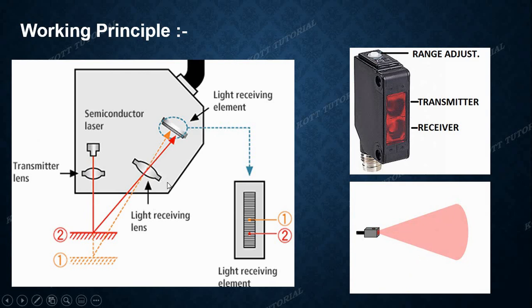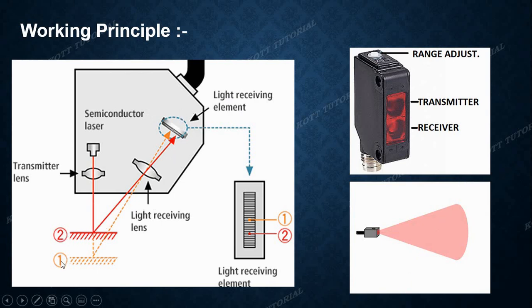This receiver end has a lens, which again targets the light onto a light receiving element. The light receiving element is the final element which detects the presence or the absence of the product.